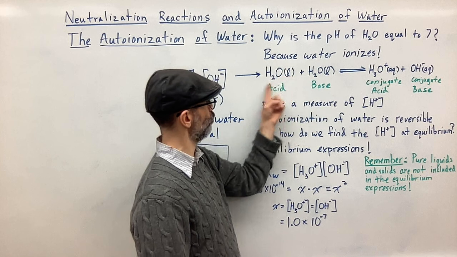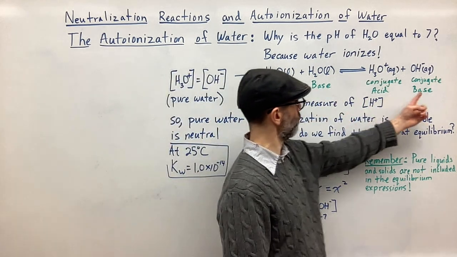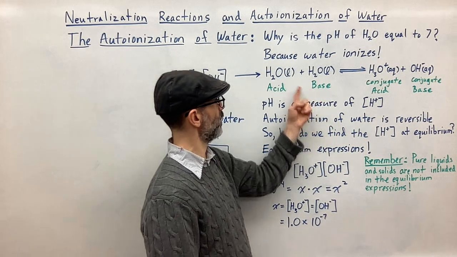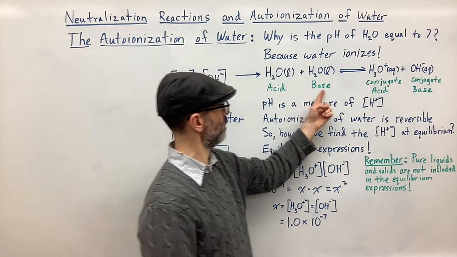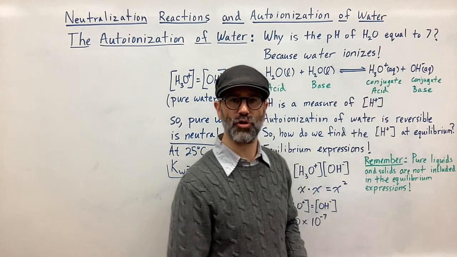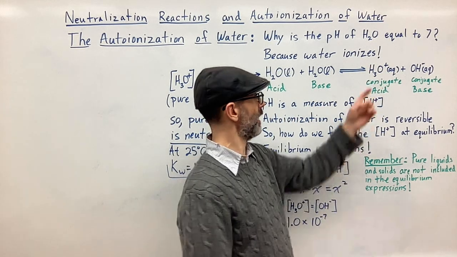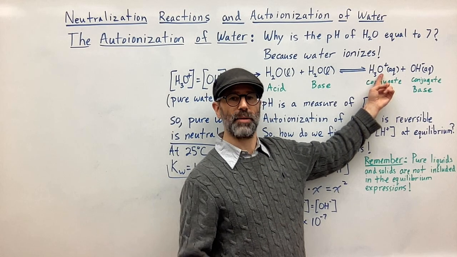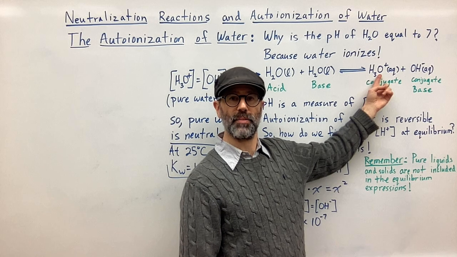And so this one will lose the hydrogen, and that's going to form the conjugate base, OH minus. And then this one will pick up the hydrogen, forming the conjugate acid, H3O plus. And this is your hydronium ion. And again, the hydronium ion, H3O plus, is the same as H plus as well.